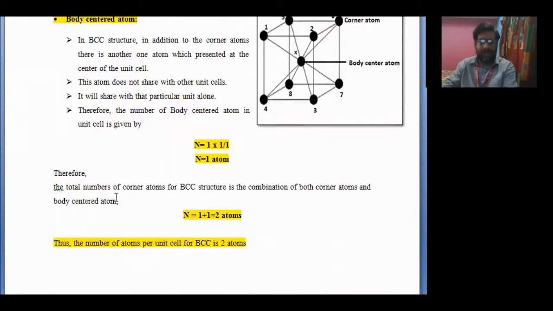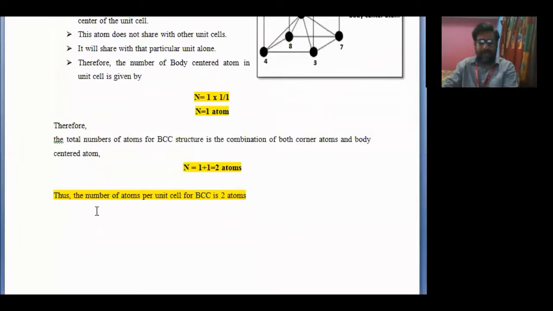So therefore, the total number of atoms for a BCC structure is the combination of both corner atoms and body-centered atoms. That is, n is equal to 1 plus 1 is equal to 2 atoms. Thus, the number of atoms per unit cell for a BCC is 2 atoms.